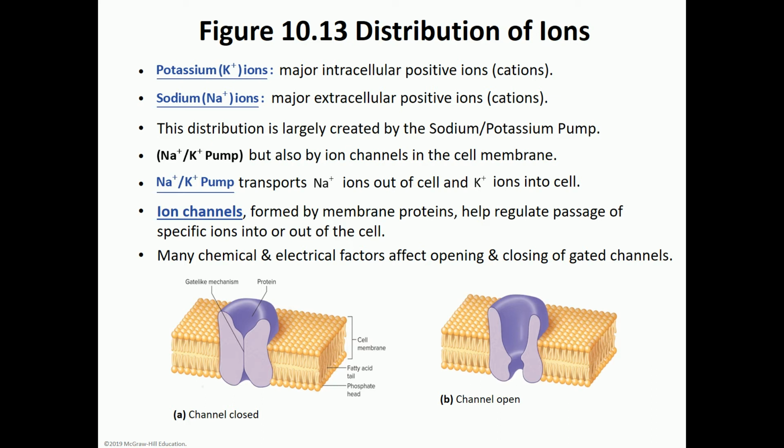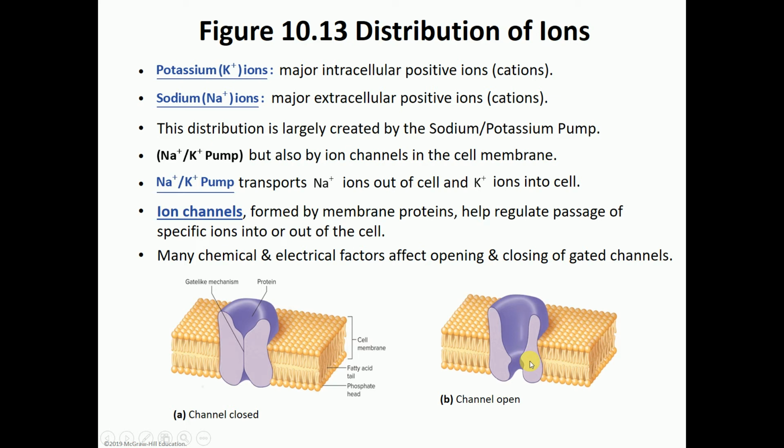So the sodium-potassium pump will always be transporting 3 sodium ions out of the cell and 2 potassium ions back into the cell. Okay, we have also these ion channels. They're usually closed. When they do open, they allow for passage of ions.